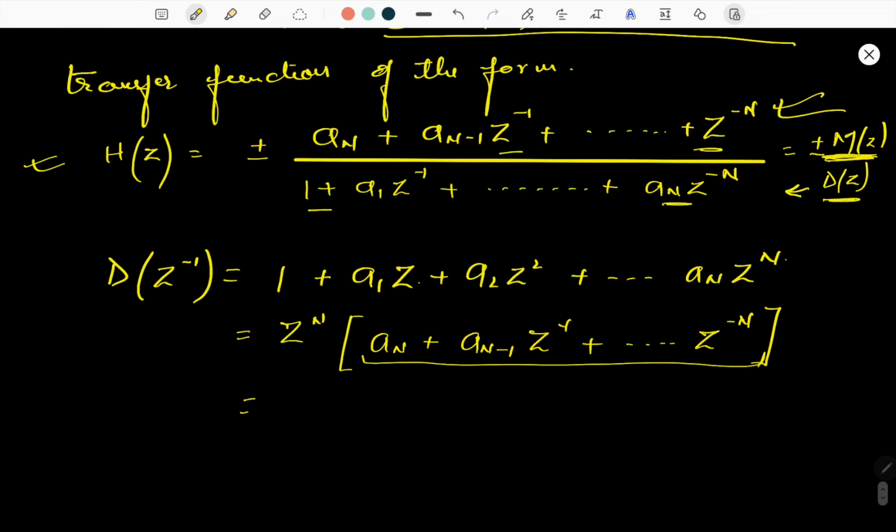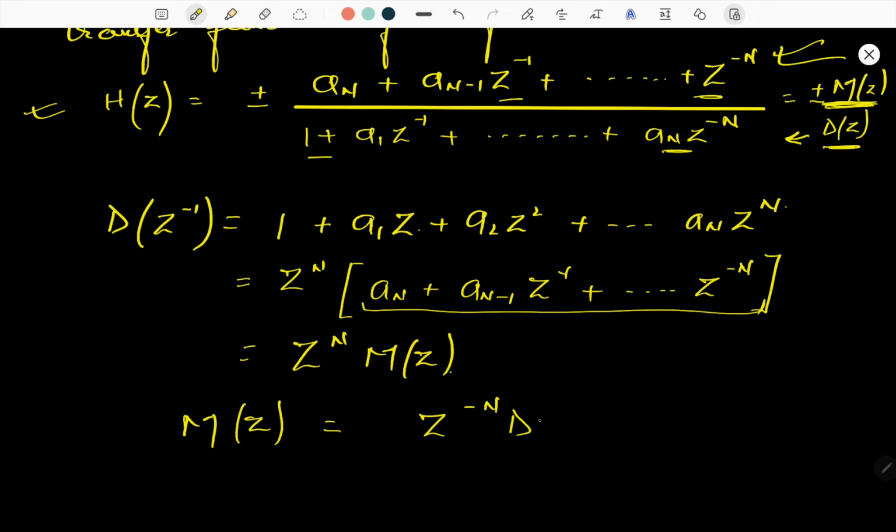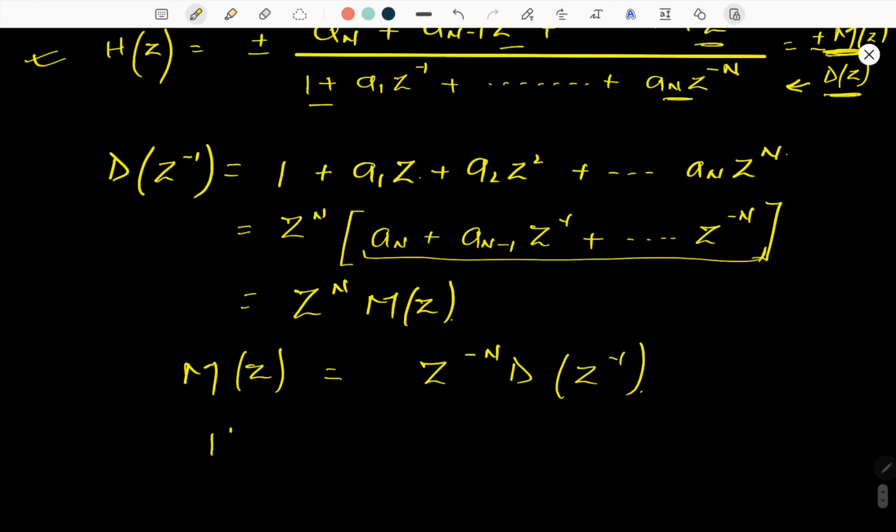So it becomes z to the power n into M(z), or you can write M(z) from the above equation as equal to z to the power minus n D(z inverse). Hence H(z) will become plus minus z to the power minus n D(z inverse) upon D(z).